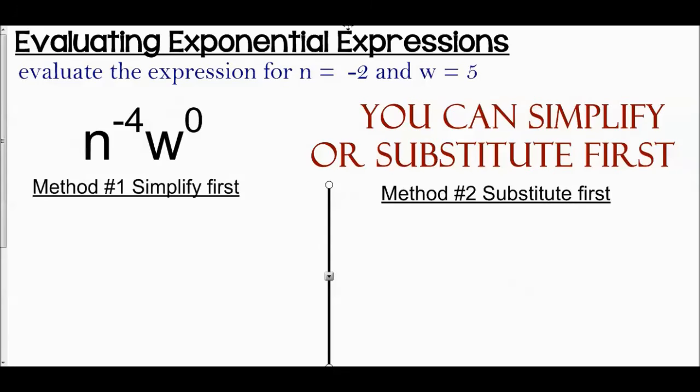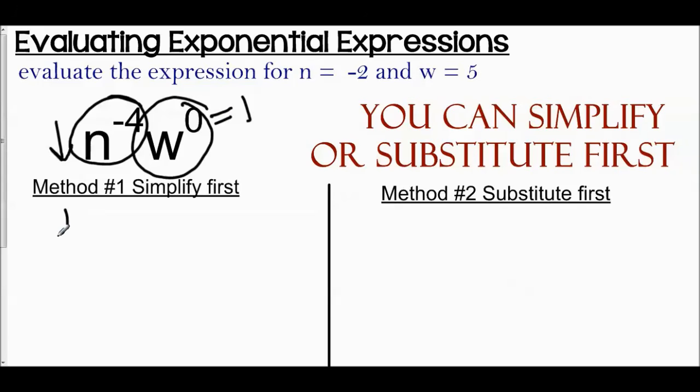So if I simplify first, ignoring that n equals negative 2 and w equals 5, that n to the negative fourth power is going to be pushed down to the bottom, and w to the 0 power is equal to 1. So I have a 1 left on top, and n to the fourth is on bottom. So I have it simplified, then I'm going to substitute.